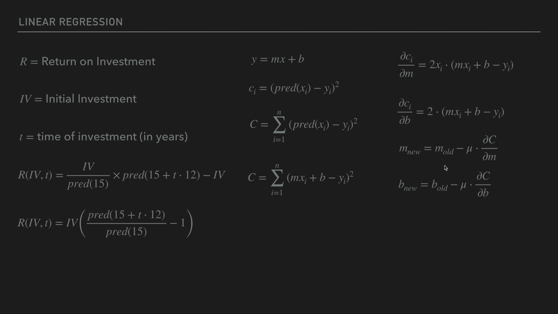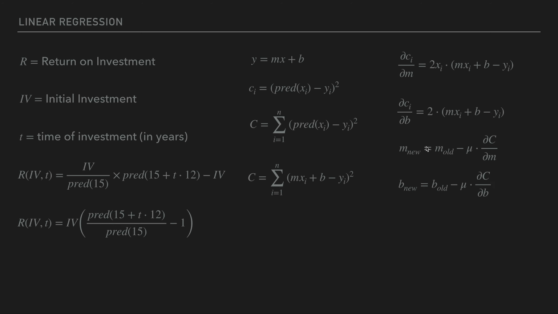According to this, the function right here to update M needs the slope of the cost with respect to M, and this one the slope of the cost with respect to B. Great.